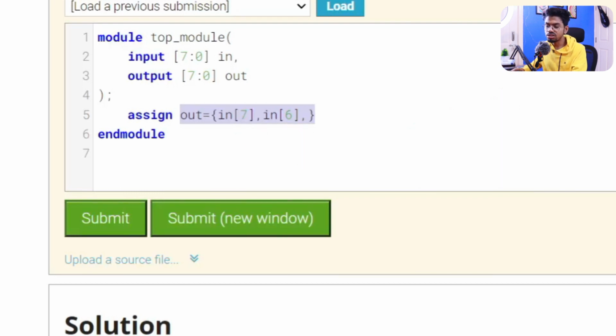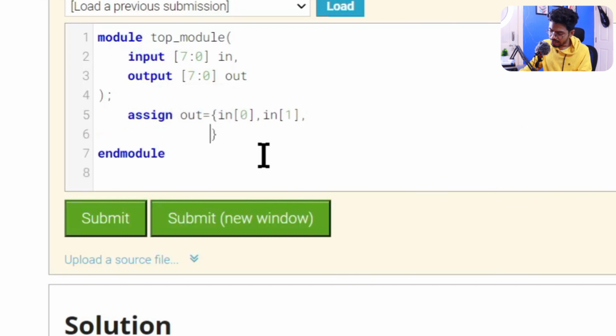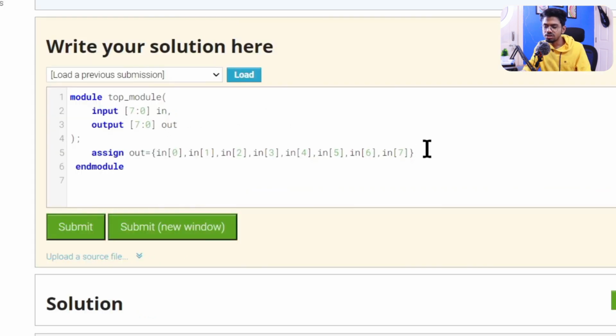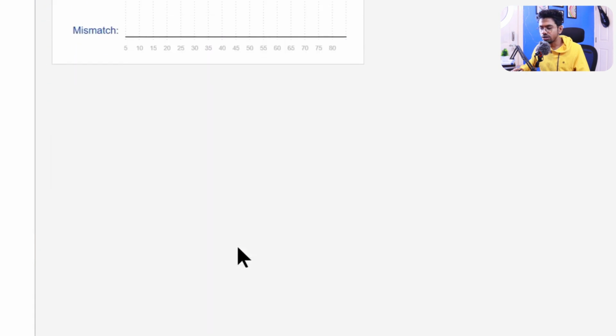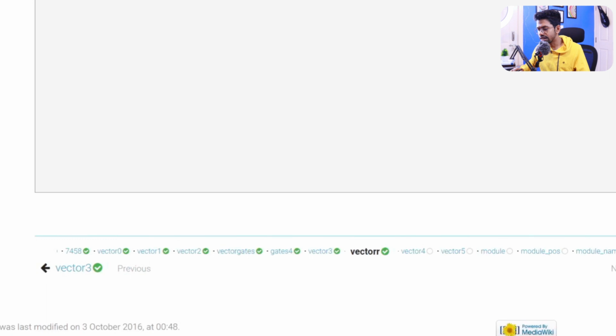To reverse it, we need to write it in reverse order, that is, start from 0, then go to 1, and go till we finish the 8 bits. So let me do it. I have written it like this. I hope you are getting these things, then a semicolon, and then submit, and see, we got a success message. So without wasting time, let's go to the next, and that is vector 4.